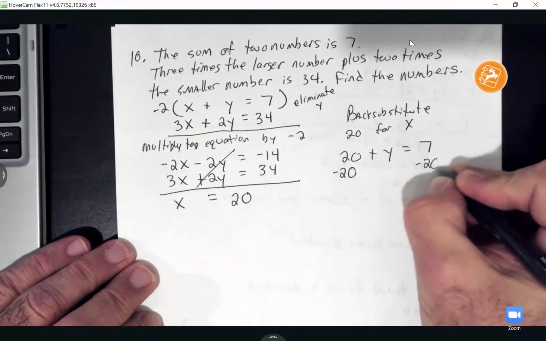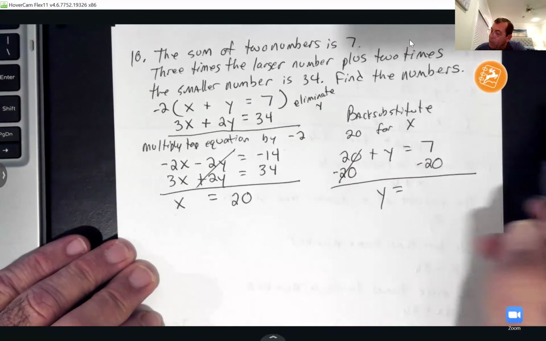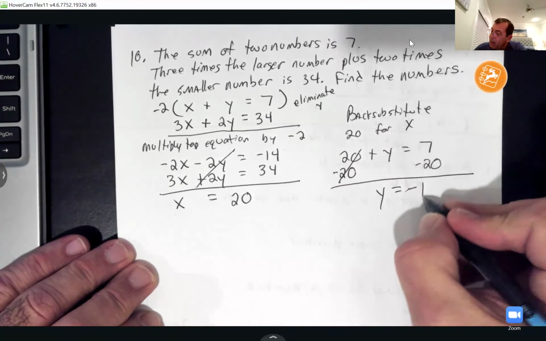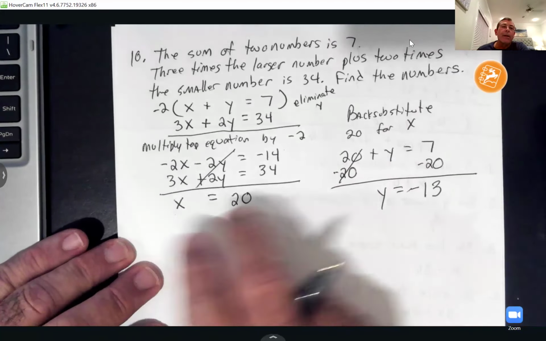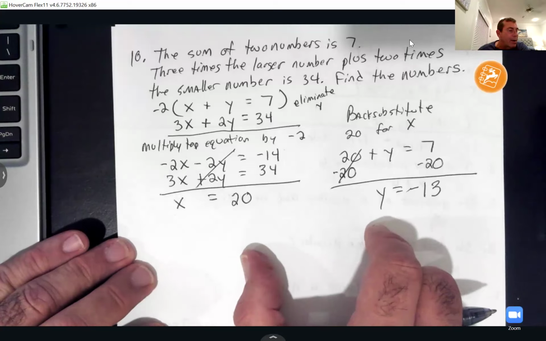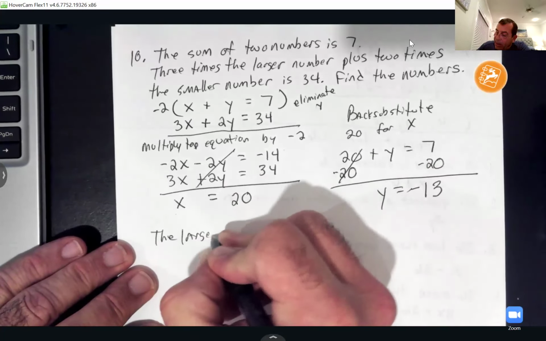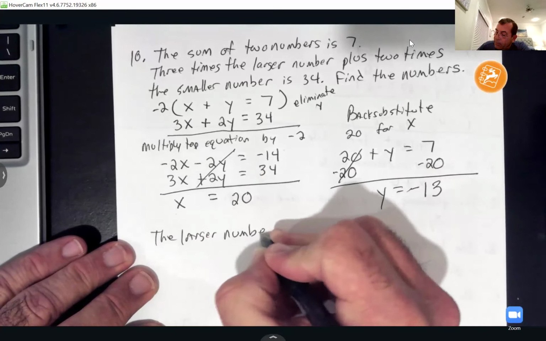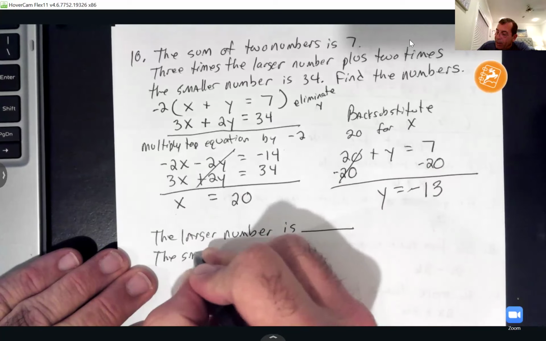So subtract the 20, y'all. Well, those cancel. We get y is negative 13. Now this one won't have me put it as an ordered pair. This one will say the larger number is blank, and then the smaller number is blank.